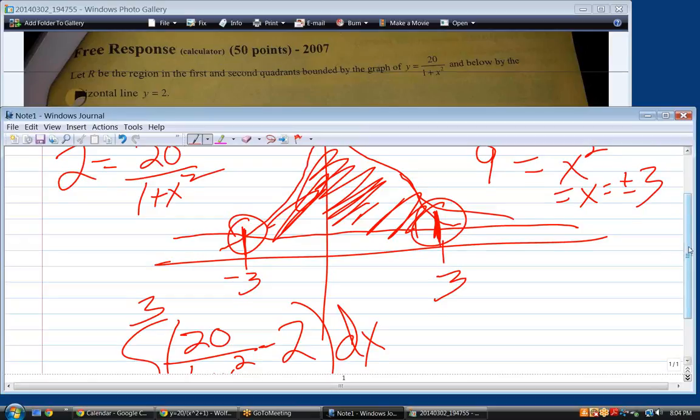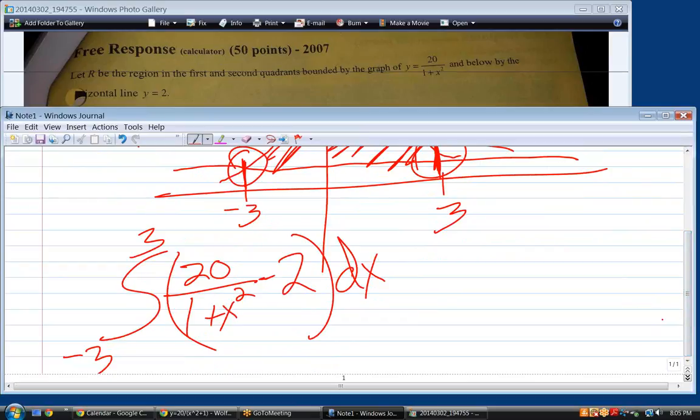All right. Now, to evaluate that integral, since we're going to use a calculator, we can just plug that in. That's good because that's a hard one to evaluate. The integral of 1 over 1 plus x squared is inverse tangent x.